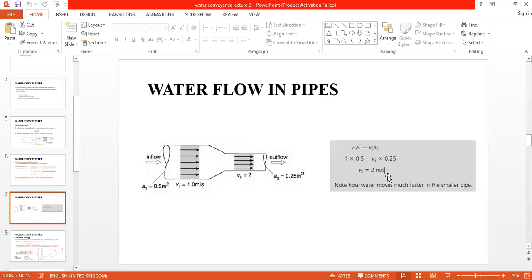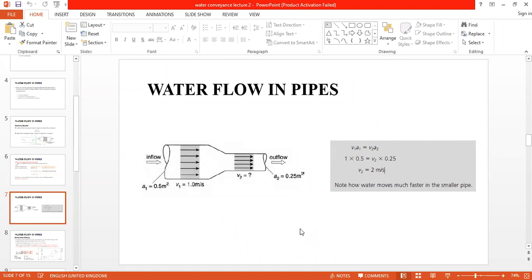So that's the principle there. As we are designing the pipe systems, we'll be able to look at this as well: how big our pipe should be for us to attain our objective of delivering a certain amount of water.